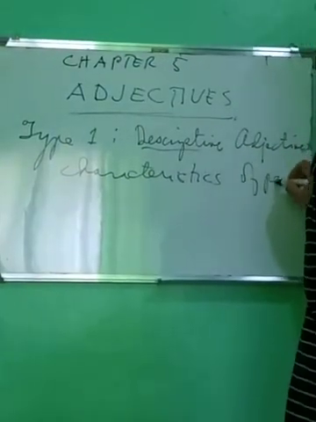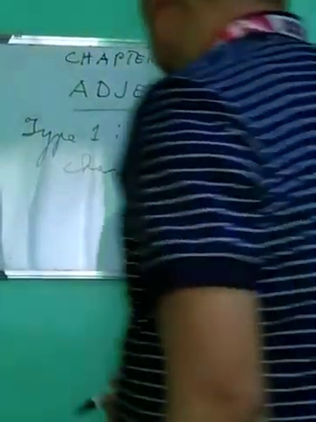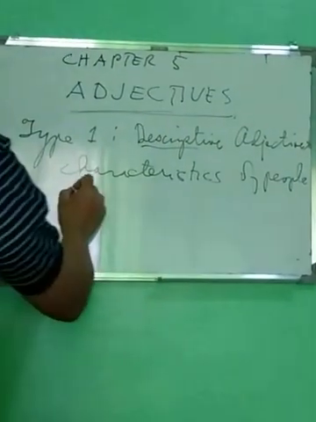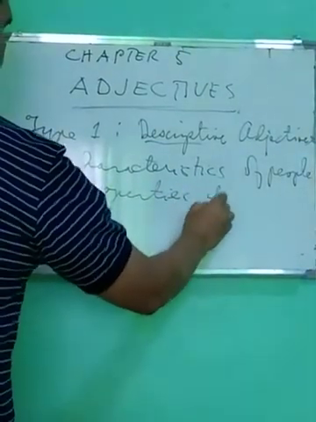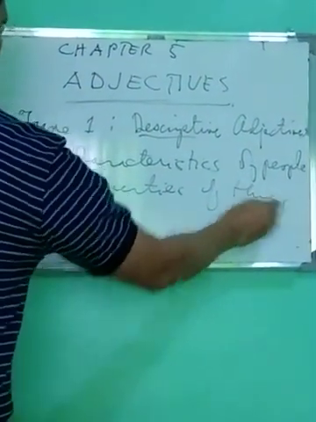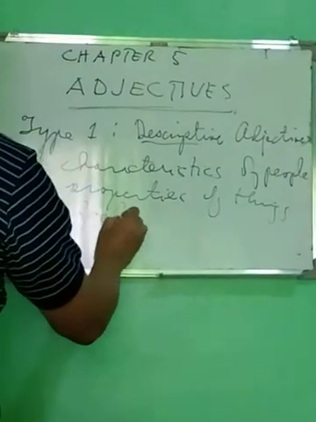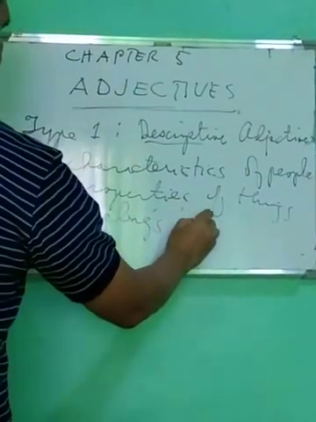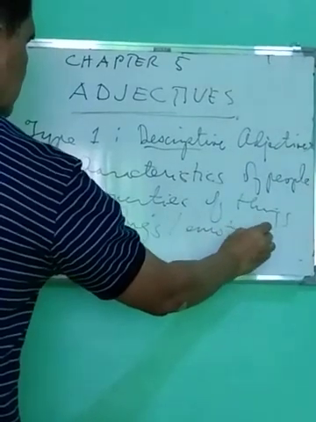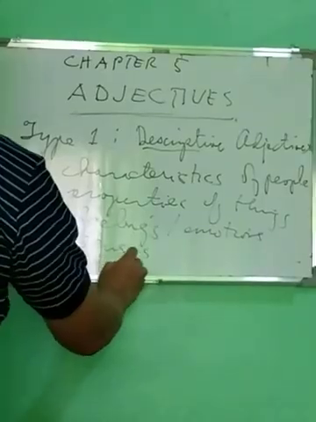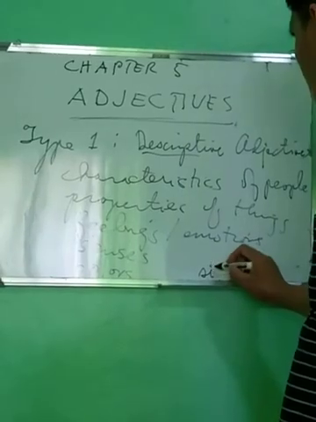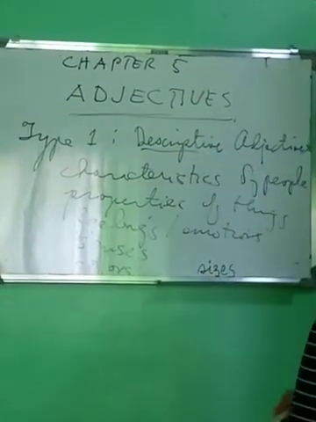What else? We talk about properties of things. What else? We talk about feelings or emotions. We talk about senses. We talk about colors, the one that we had earlier, and even sizes. So these are under what we call descriptive adjectives.